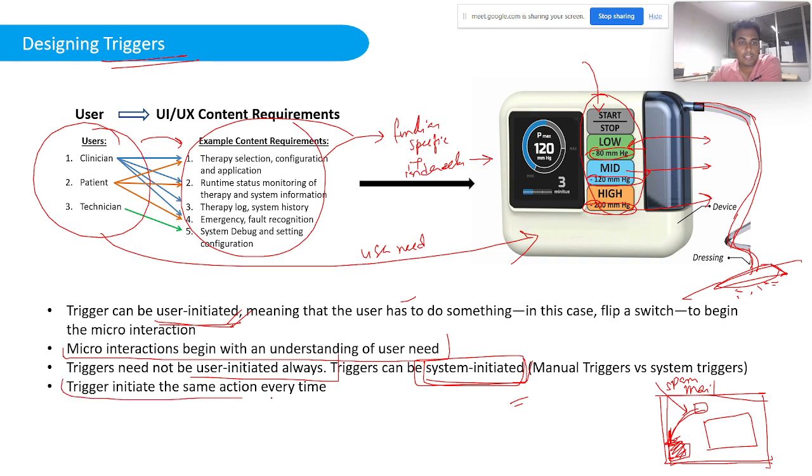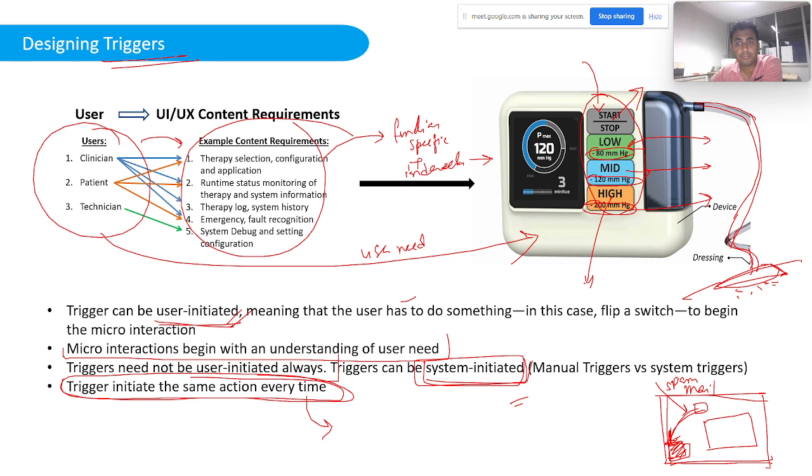Now, a trigger initiates the same action every time. This is important. Normally when we design micro interactions, we try to fix our action against a particular trigger, because otherwise it will be confusing for the user and it will affect learnability. For example, if you press this high, the system should always go to a high setting.